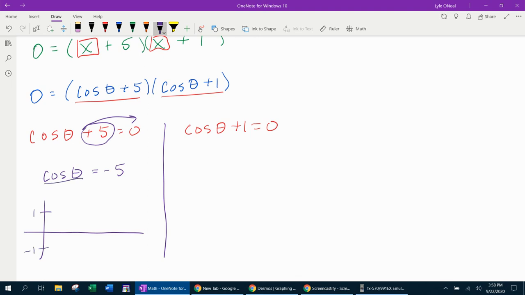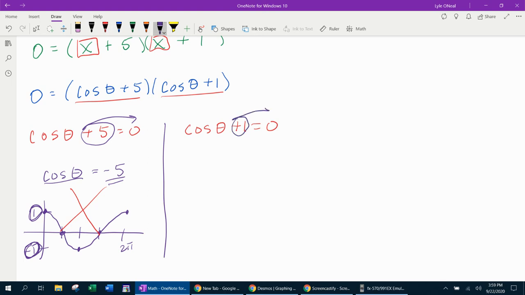Cosine of theta, if you remember back when we graphed trig functions, cosine starts at the lead coefficient, has a period of 2 pi, and it bounces back and forth between -1 and 1, okay? So those are the range of values that cosine can be. It can only be something between -1 and 1. Well, -5 is not within that range, so this particular factor is not going to produce a solution.